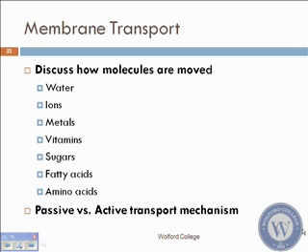The next portion of the discussion is membrane transport. To make a cell alive, you have to make the inside of the cell different from the outside. I want to keep my cellular environment very stable. I don't want large fluctuations in pH or in electrolytes in my cell.